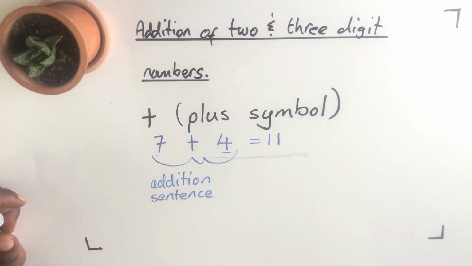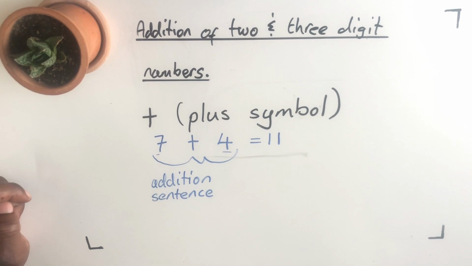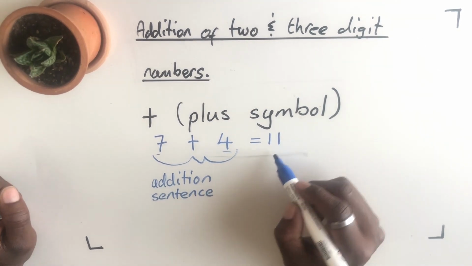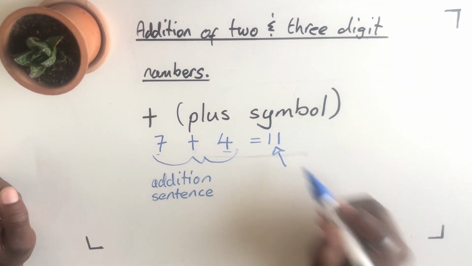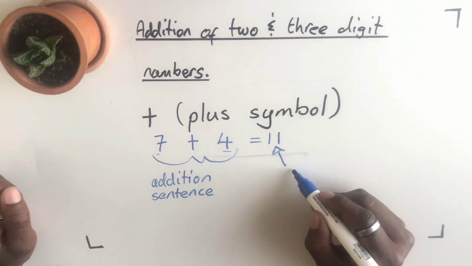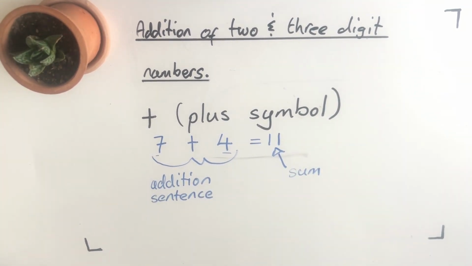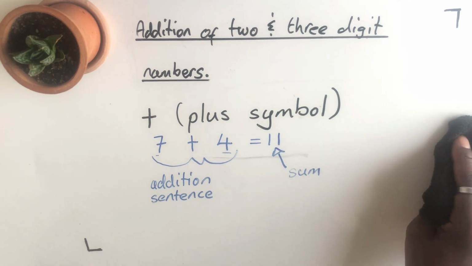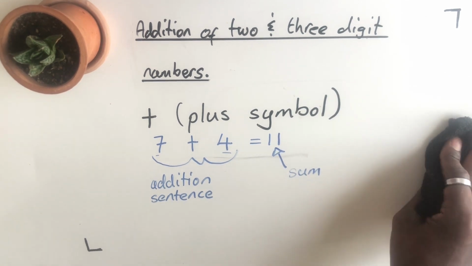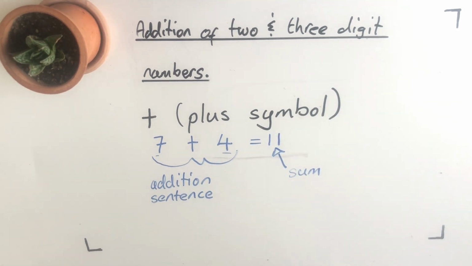Okay, this is the addition sentence. And then what we have here is the sum. And the sum is what we call the result when we've added things. Okay, so let me just look at a few more examples so you get a proper grasp of what I mean by adding two or more numbers together.